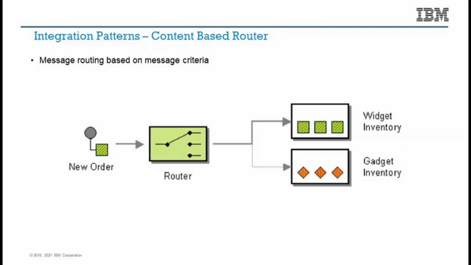So if the order was for an orange diamond with vertical stripes, it would route it over to gadget inventory. Instead, we have a box with the green diagonal stripes, so it goes over to widgets. With the content-based router, just based on what's in that message, you do different things.